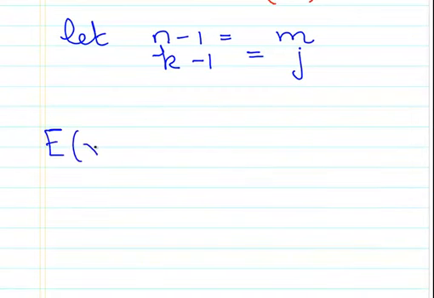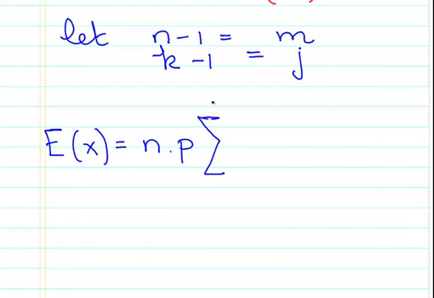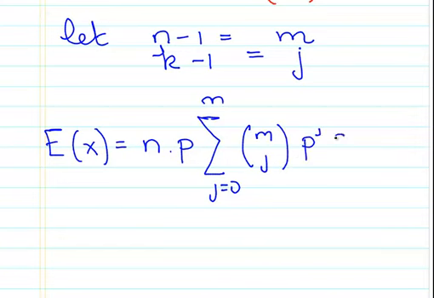So we have the expected value of X is n times p times the sum from j equals 0, because remember, if k is 1, j is equal to 0, and m is n minus 1, of (m choose j) p to the j and q to the m minus j.